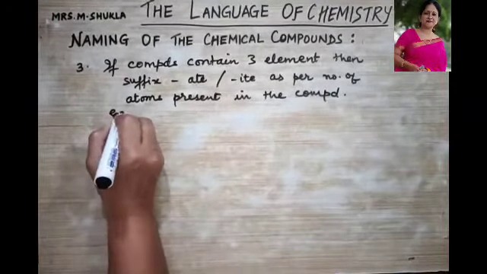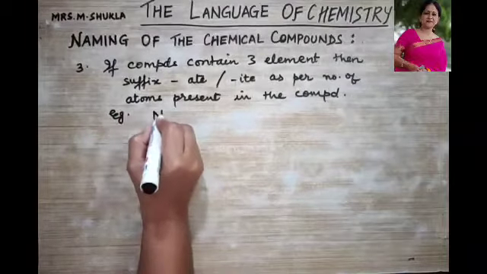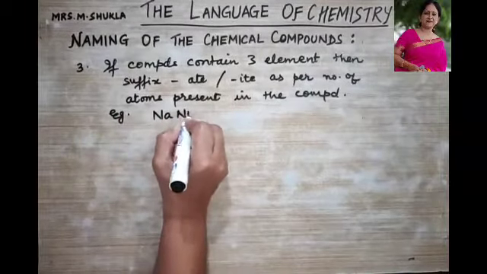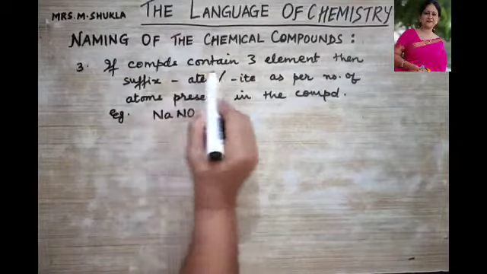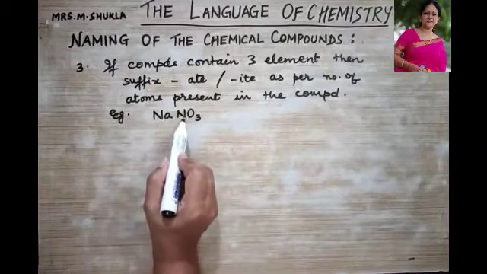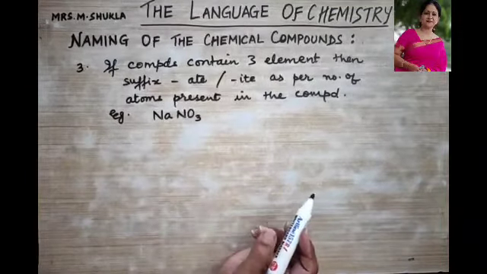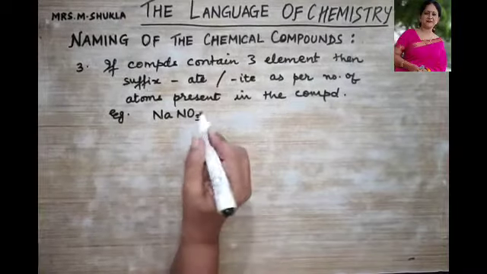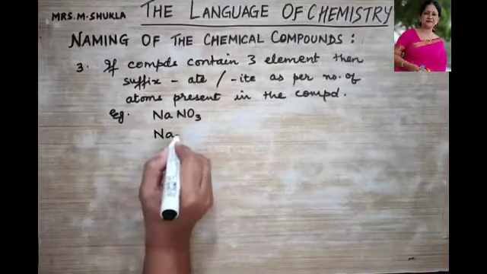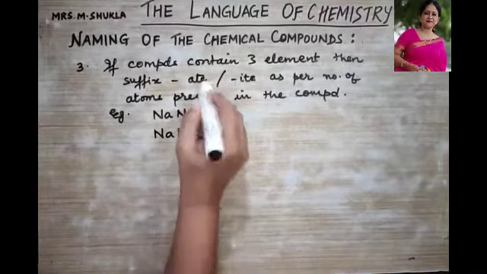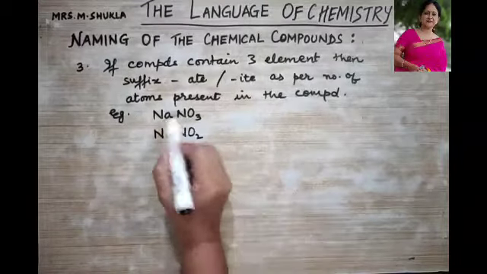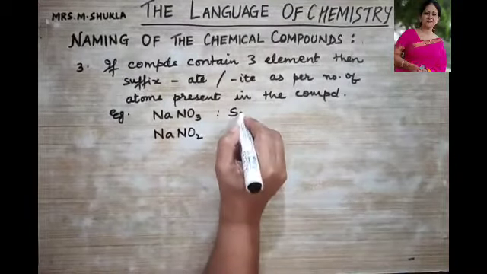Let's take examples over here also, like NaNO3, a compound containing 3 elements. Clear? So how are we going to name this? Take another one like NaNO2. How do we name this? Sodium.